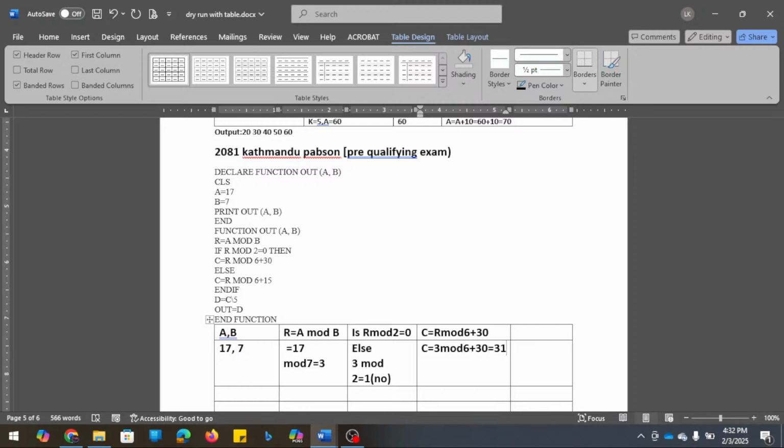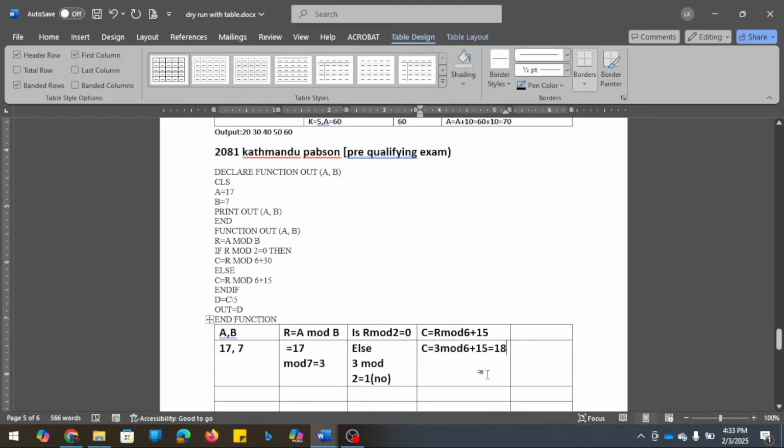So it becomes 33. So that is no, else part is going to run there because it is not 0. So else part is here. C equals to R mod 6 plus 15. It is not 30. It is 15 here. So again it is 15. So it becomes here 18.